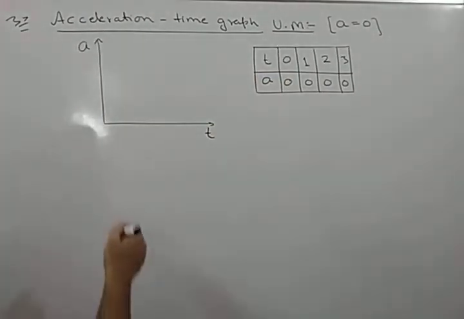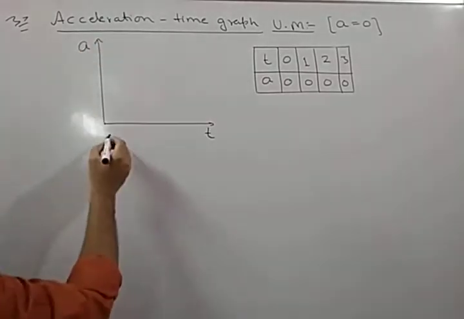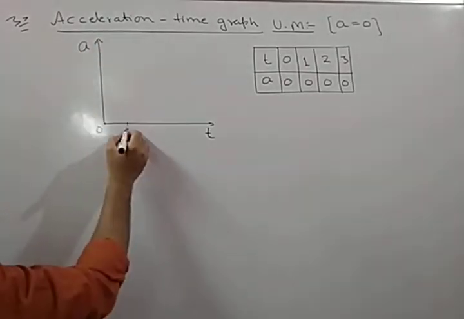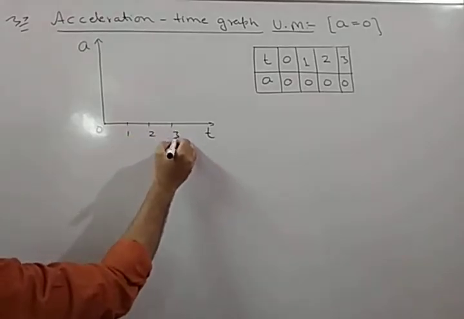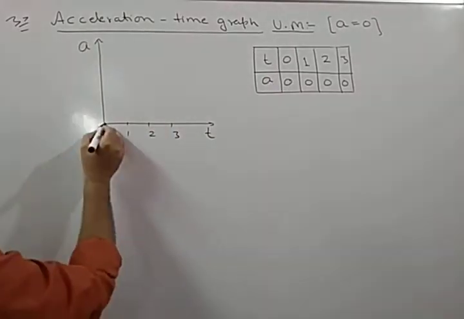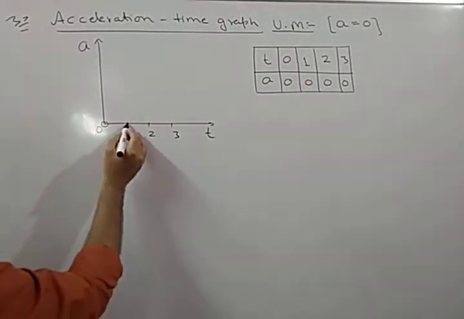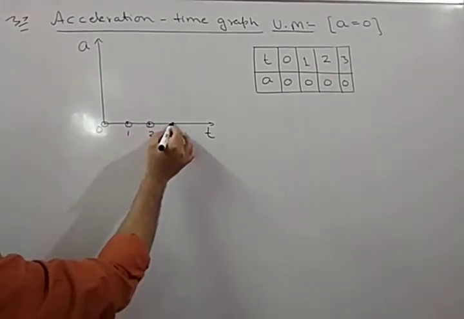So the graph will be at t equal to 0, acceleration, this is our acceleration on the y-axis. So it is (0, 0). Then t equal to 1, t equal to 2, t equal to 3. The first point is (0, 0). The second point is (1, 0), meaning on the x-axis we go to 1, then 0. Then (2, 0), (3, 0).